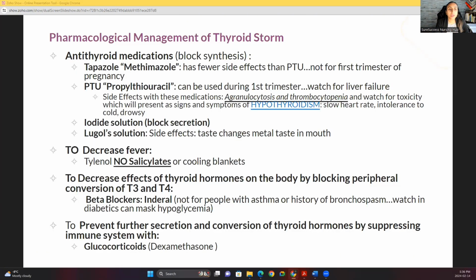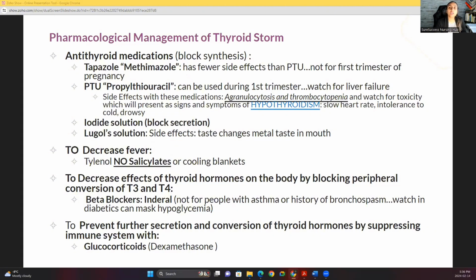Antithyroid drugs are methimazole, PTU, iodine solution, or glucose solution. For fever, do not give aspirin because it will increase the thyroid problems. And to decrease the hormone effects, give a beta blocker, and steroids if it is a super high thyroid storm.